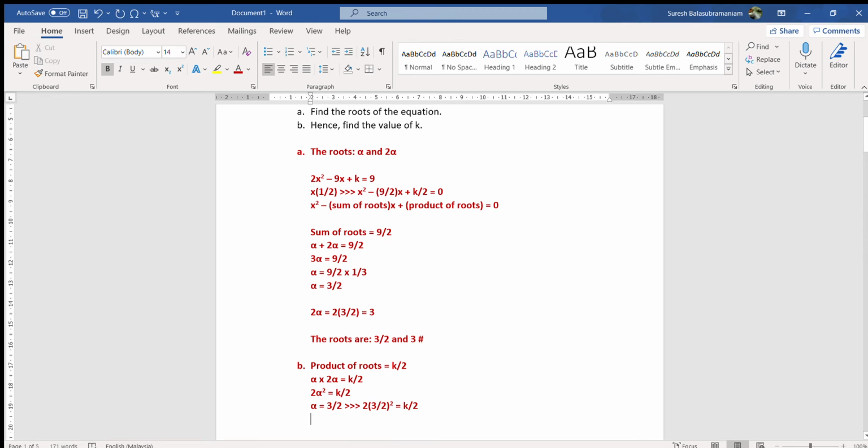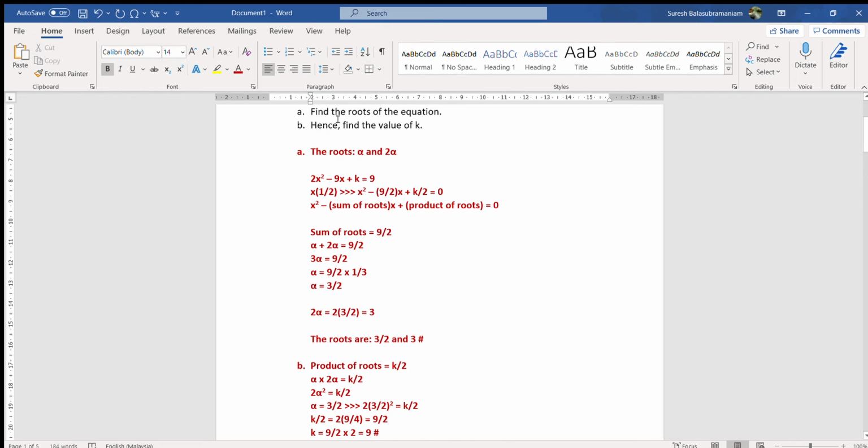I can rewrite the equation as k over 2 equals 2 times 9 over 4, which is equivalent to 9 over 2. So k equals 9 over 2 times 2, which is 9. So we found the value of k and answered the question.